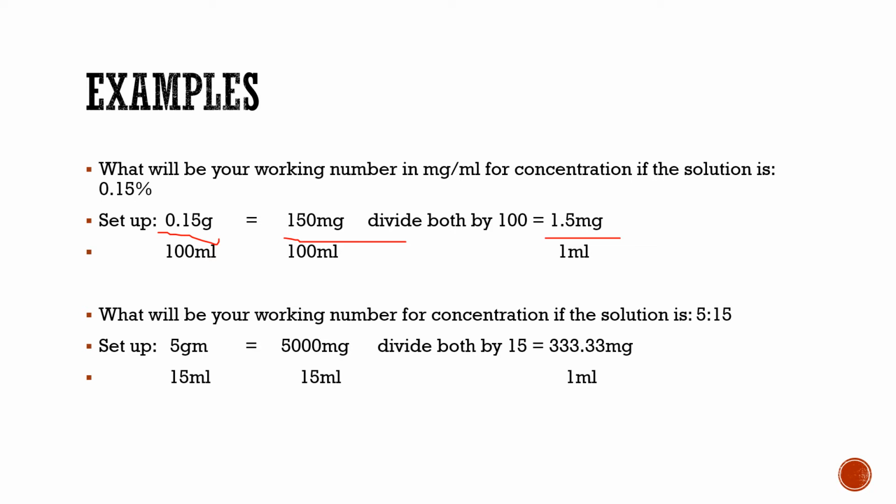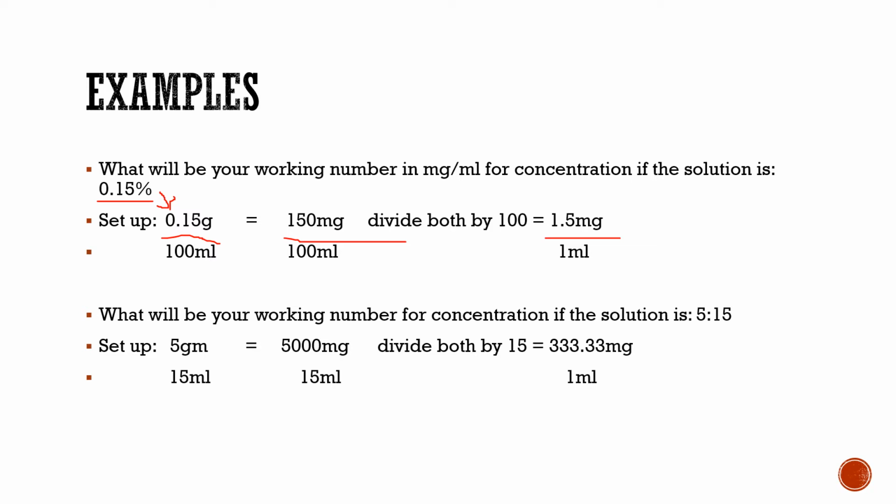If you look at the 0.15%, you are basically saying that that is the same as 0.15 grams over 100 mils. That's saying the same thing. And then we have to turn our grams into milligrams.